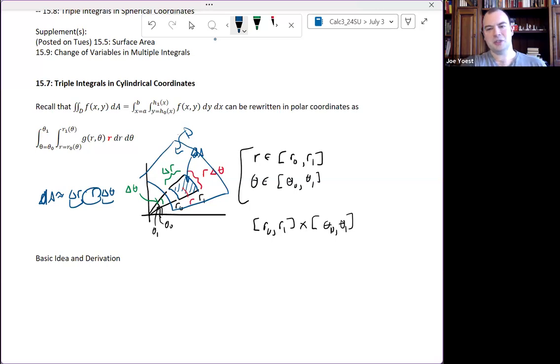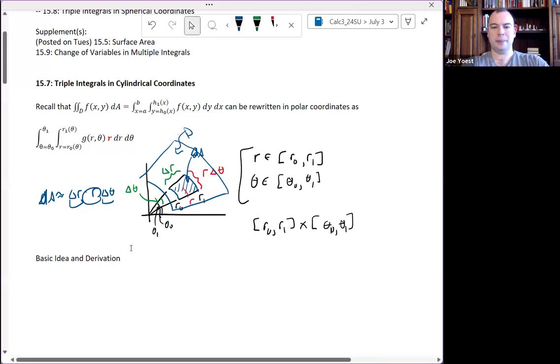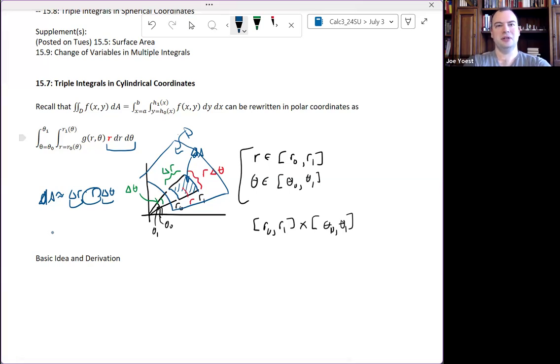So again, we've seen this before, but I wanted this to be fresh in our minds because we're going to use this pretty much directly in cylindrical coordinates, and we're also going to use it in spherical coordinates. Okay, so the two big ideas: one is that when we have a dA, this little chunk of region over which we're integrating, we have to be a little bit careful.